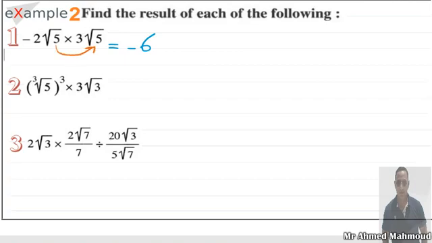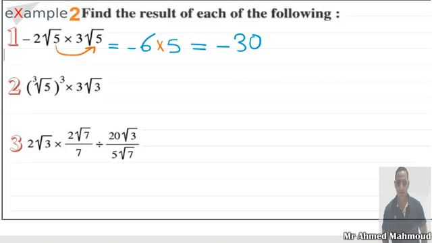Root 5 times root 5 equals 5, because root 5 times root 5 equals root 25, which also equals 5 at the end. It will be negative 6 times 5 equals negative 30 at the end.